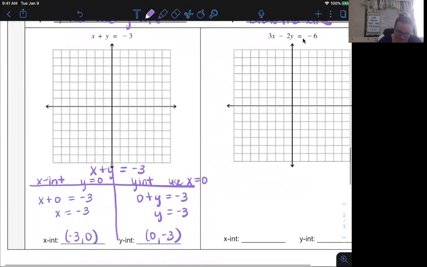So we're going to plot these 2 points, -3, 0 and 0, -3, and then draw the line through them. Make sure your line goes all the way across your coordinate plane. And then, of course, don't forget to label your axes and your scale. So I'm just going to label those real quick.